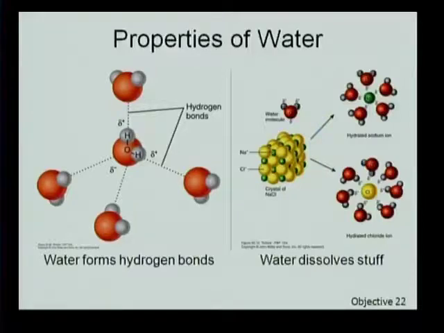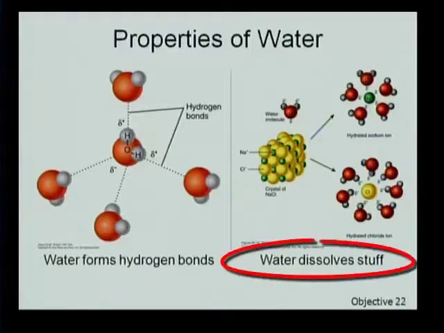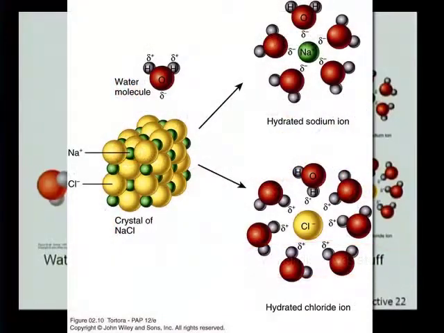The other property of water we mentioned earlier is that water dissolves stuff. It does that by forming a shell of water molecules with their partial negative charges, as shown up here, surrounding the total positive charge of the sodium. The sodium has long ago given away its electron, so it has an excess number of protons.